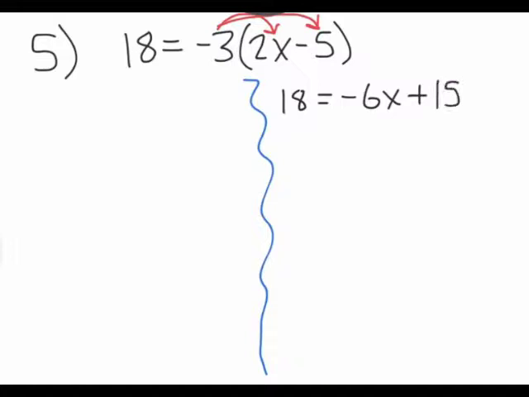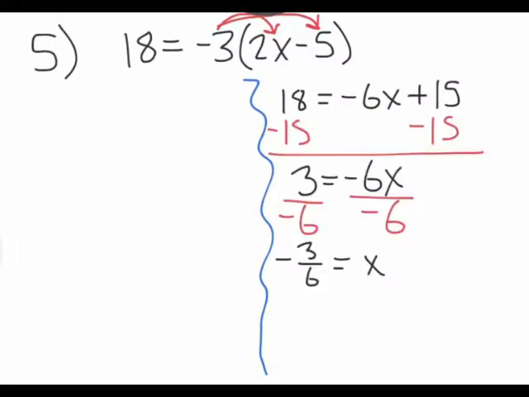Okay, so now we have an equation that you can easily solve right here. The result is negative 3 over 6, which of course can be reduced down to negative 1/2. Okay, so this is the answer that we get if we distribute to begin with.